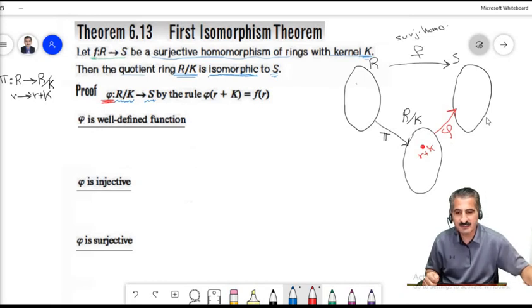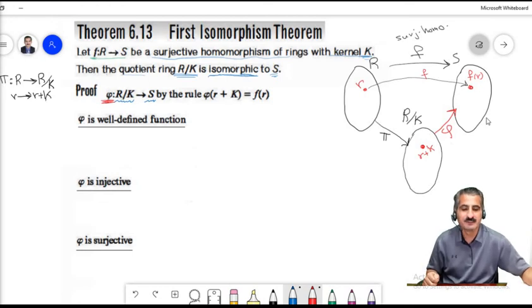And R was an element in the ring. And this map in here takes R to some element in S, which is f of R. So f does that.